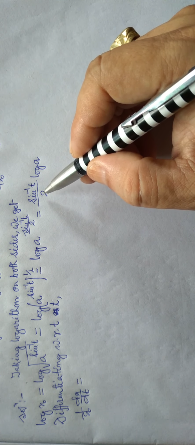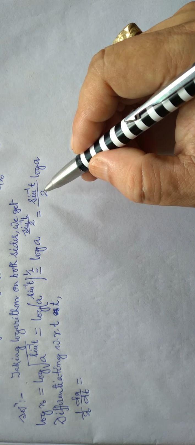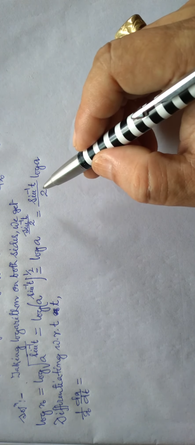Though this is in the denominator we can say this one to be half, and if we have to count this one as a numerator we can say this is half.